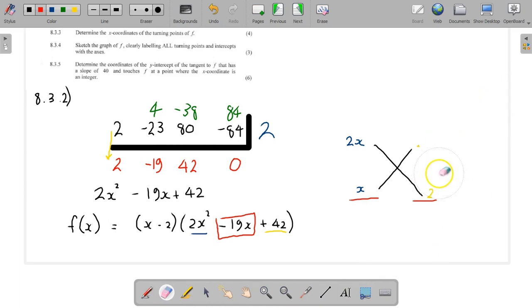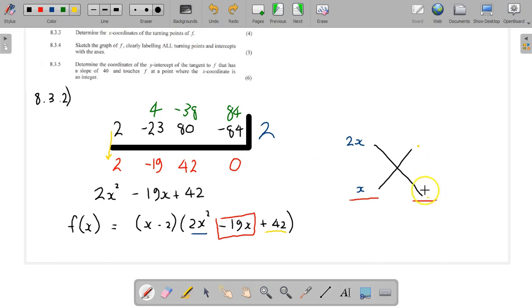So now, what if I tried minus 6 and minus 7? Let me just use yellow.